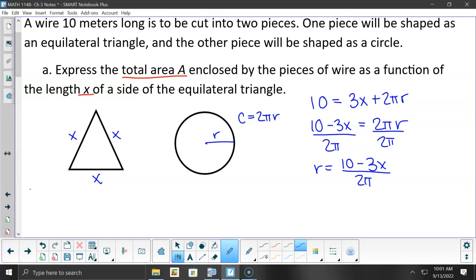So, if I'm finding area, how am I going to find the area for a circle? What's that formula? Yep. So, area equals pi r squared. Didn't we just find what r is? So the complaint was, oh my god, I have to square that?